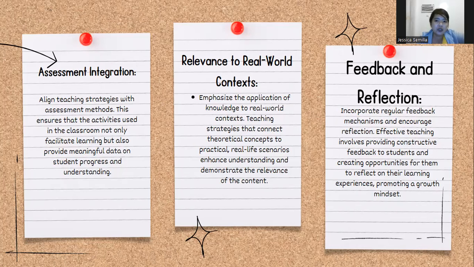The next one is feedback and reflection. Through the result of the assessment, it's easy for you to give feedback. What is the purpose of feedback? The purpose of feedback is to encourage learners to assess their own learning. At the same time, your feedback will help them improve and look into what they have learned.